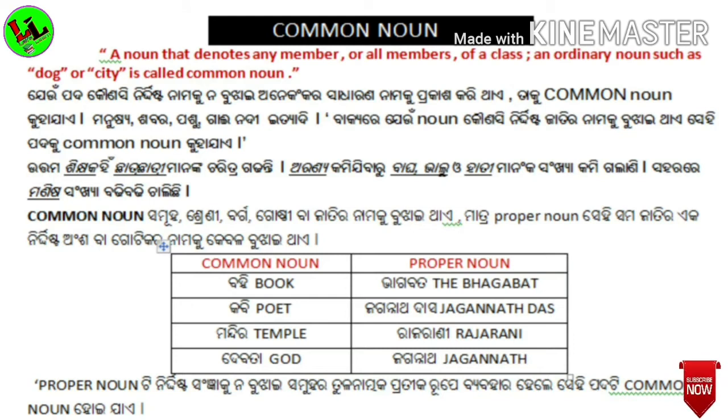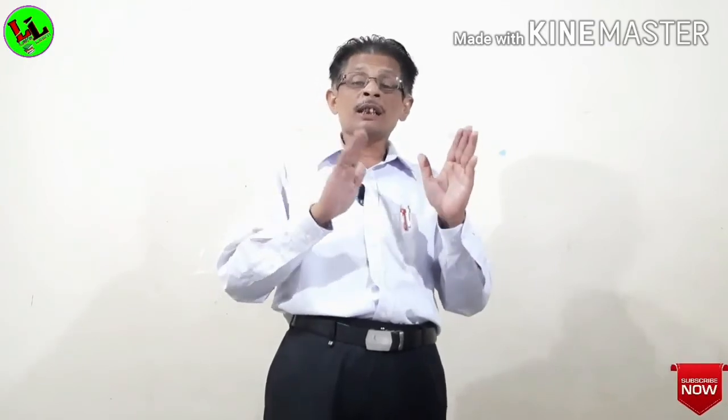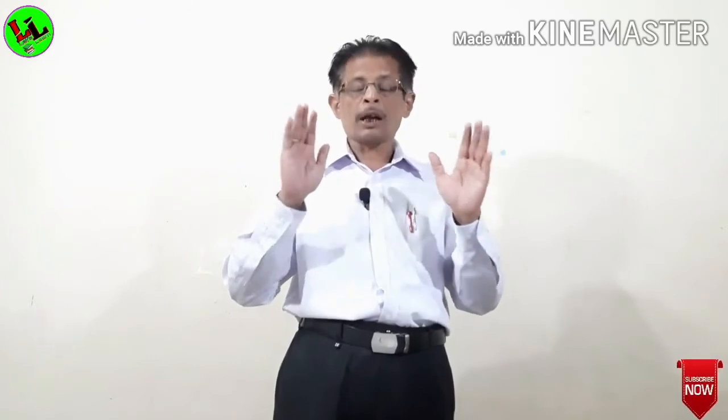And a temple is a common noun, where the name of a temple, Rajarani, is the proper noun. Just like God is the common noun, and the name of a god, Jagannath, is the proper noun. This is the difference between common noun and proper noun. You have to remember what is the difference between common noun and proper noun.